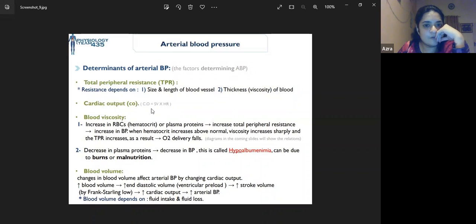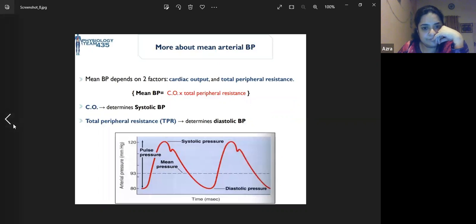Now cardiac output, CO, is equal to SV into HR.